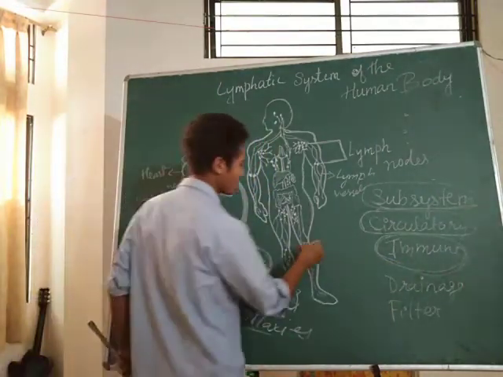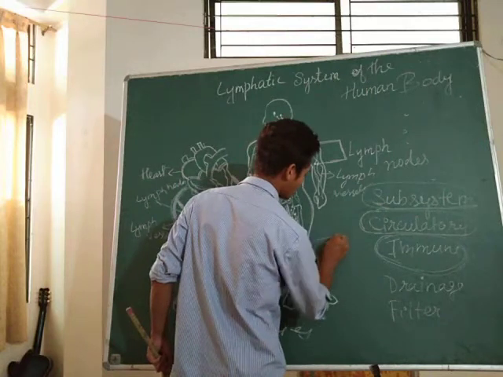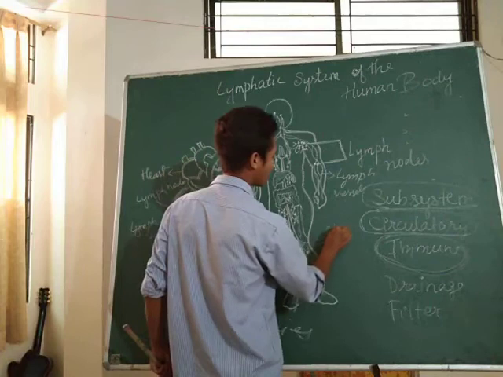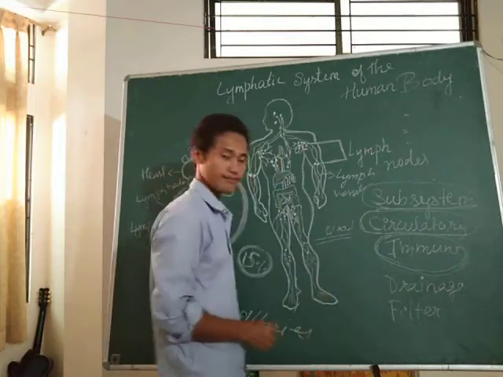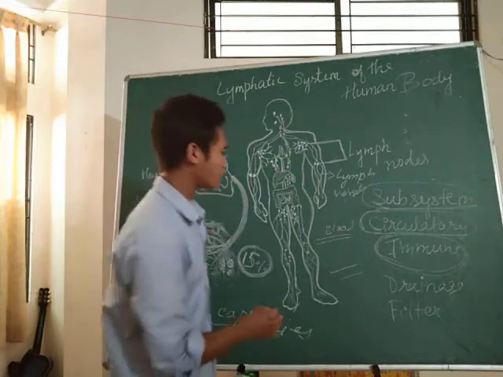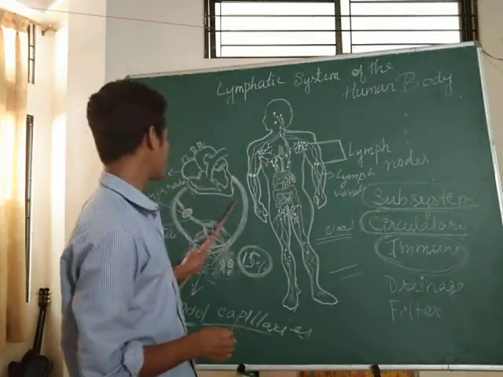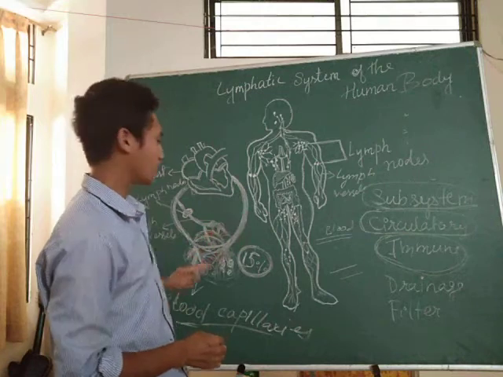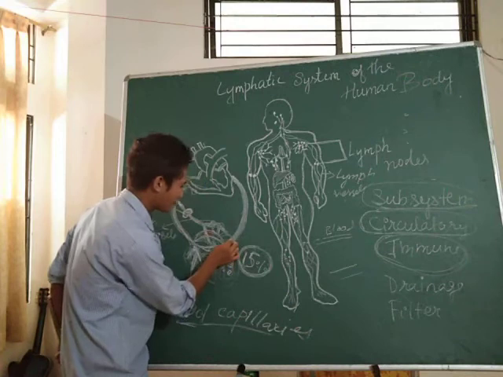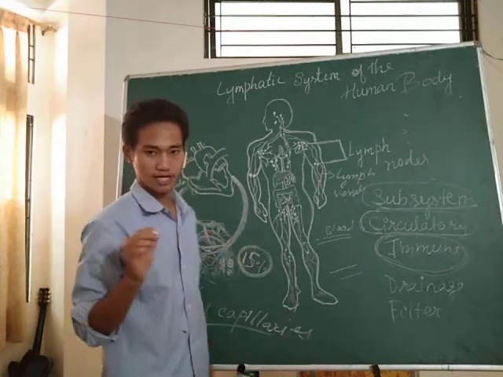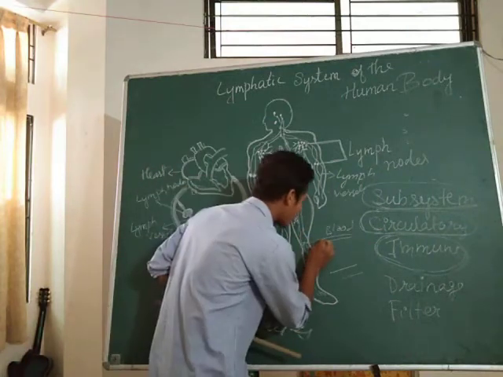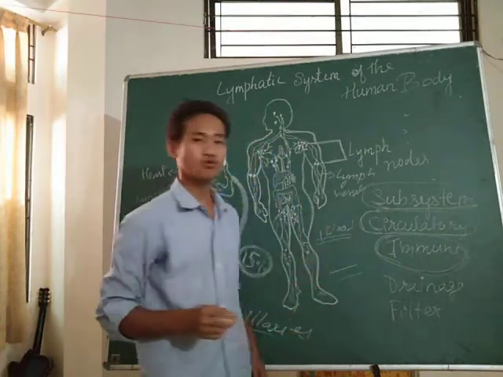Here we need to understand the difference between the lymph vessels and the blood vessels. For example, this is the blood vessel and this is the lymph vessel. In the blood vessels there should be some openings, the spaces, for the oxygen and the necessary nutrients to go out.